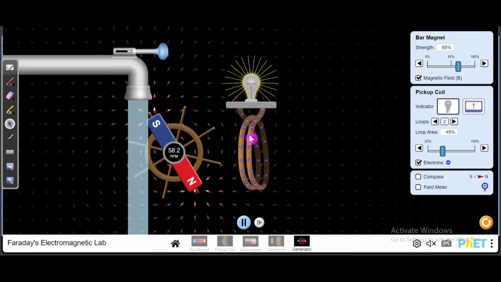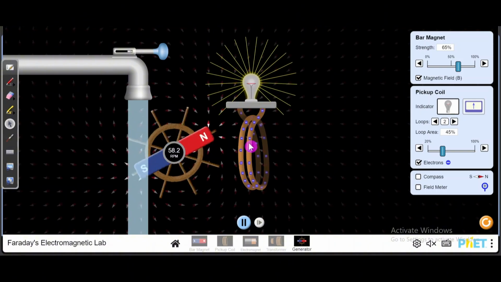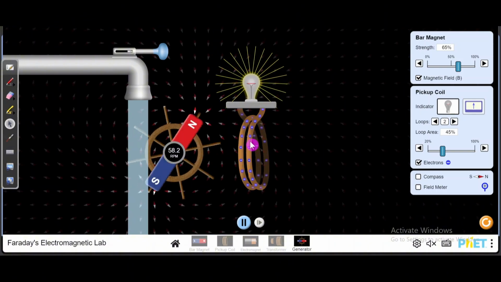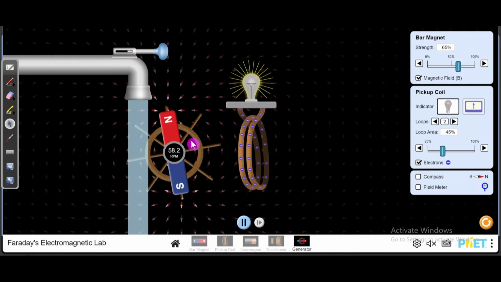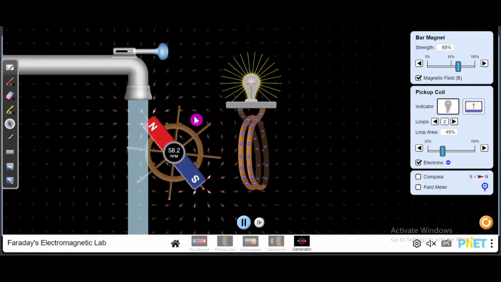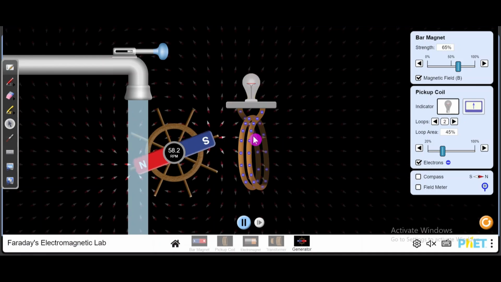Okay, so here this electron is vibrating about its mean position. Due to its vibration, the magnitude of this current is changing. Also, due to the change in the external magnetic field, an EMF is induced according to Faraday's law of electromagnetic induction.